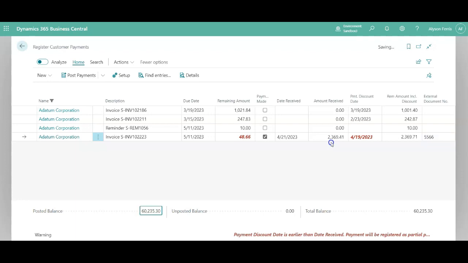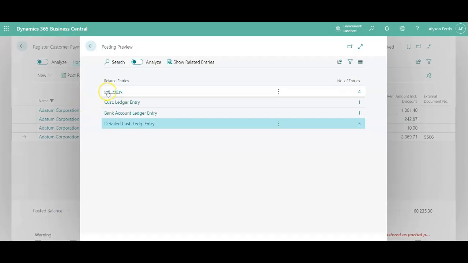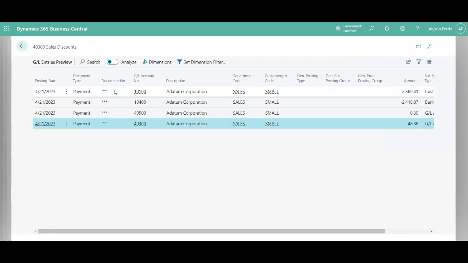And let's do a preview of that posting and see what the entries would look like. Our general ledger is going to do a debit to our cash for the exact amount the customer paid. That's the 41 cents. We're going to credit accounts receivable for the full amount of the invoice.